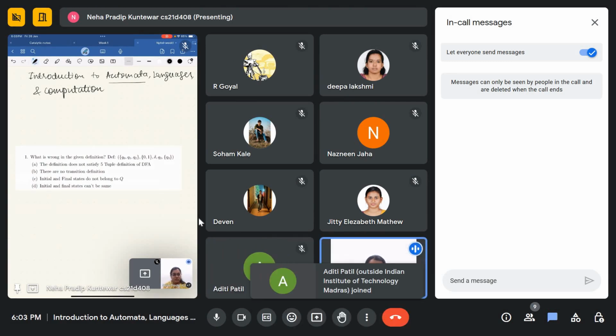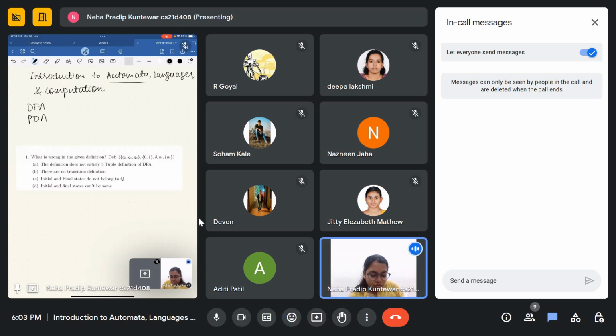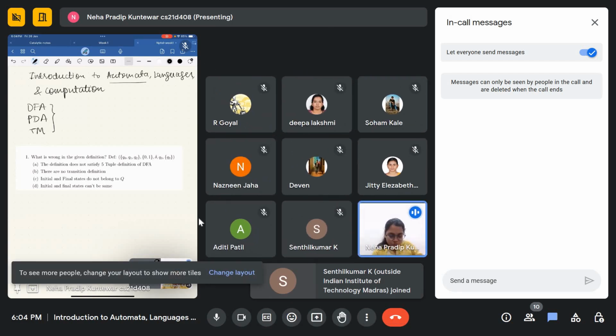Throughout the course, you'll be seeing different models like DFAs, then PDAs and Turing machines and so on. Even if you've not heard these terms, it's okay. I'm just saying you'll be learning the process of abstraction and how these are related to algorithms and so on.